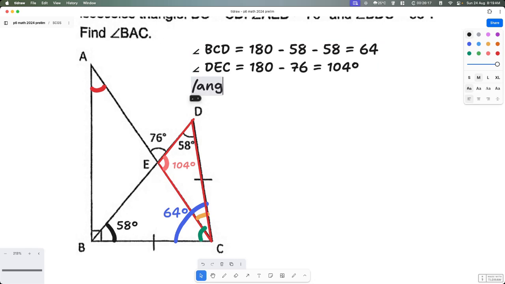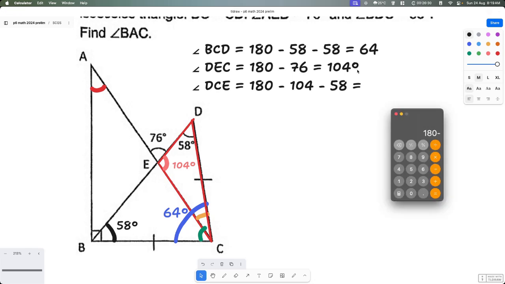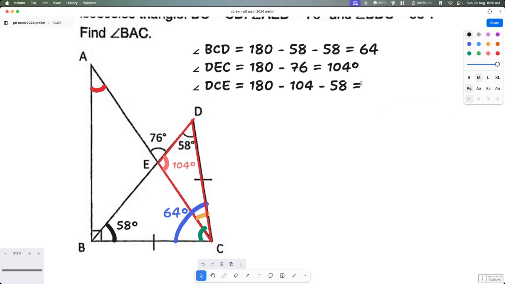Angle DCE is equal to 180 minus 104, then minus 58. Let's see what the answer is. 180 minus 104 is 74, minus 58. This will give us 18 degrees. Let's double check. Okay, this is 18 degrees over here.